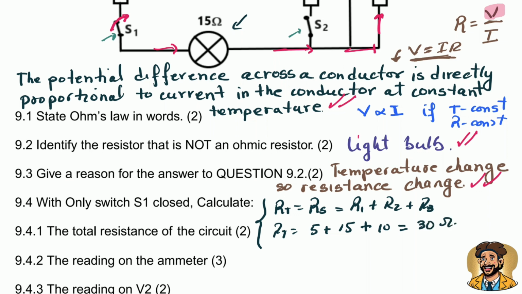So the total resistance of the circuit is 30 ohms when S1 is closed and S2 is open. And they gave only 2 marks. 1 mark is for this substitution and 1 mark is for the answer. Now, this time they gave 2 marks. It doesn't mean that they're always going to give 2 marks. Maybe next time you see a question like this, they'll give 3 marks, 1 for the formula as well.